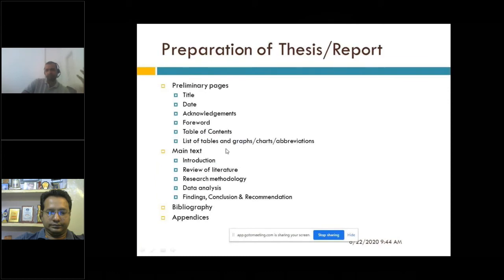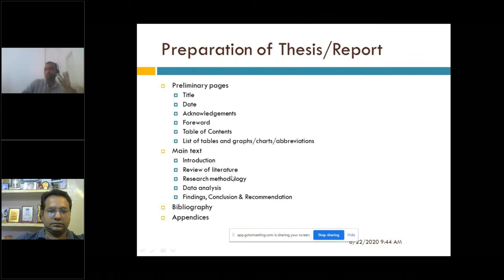Then comes the main text. In every research effort, these components are a must: introduction, review of literature, research methodology, data analysis, findings, conclusion, and recommendation. Introduction gives the background to the conceptualization of the problem.